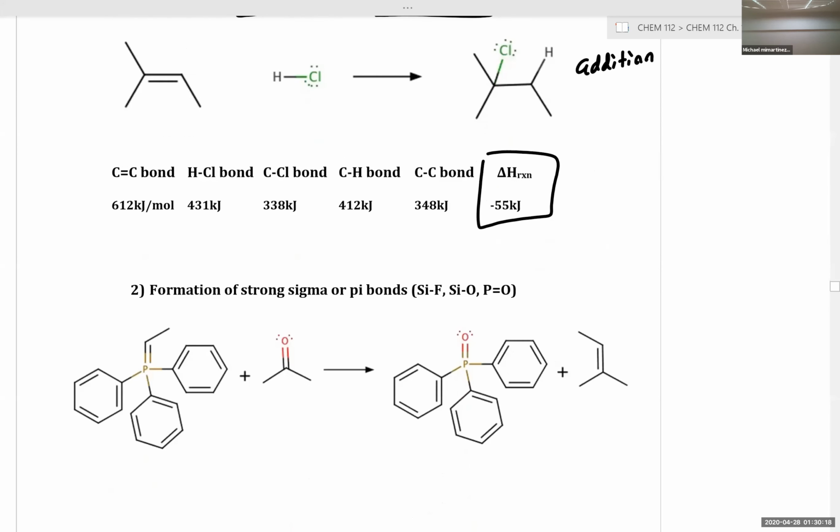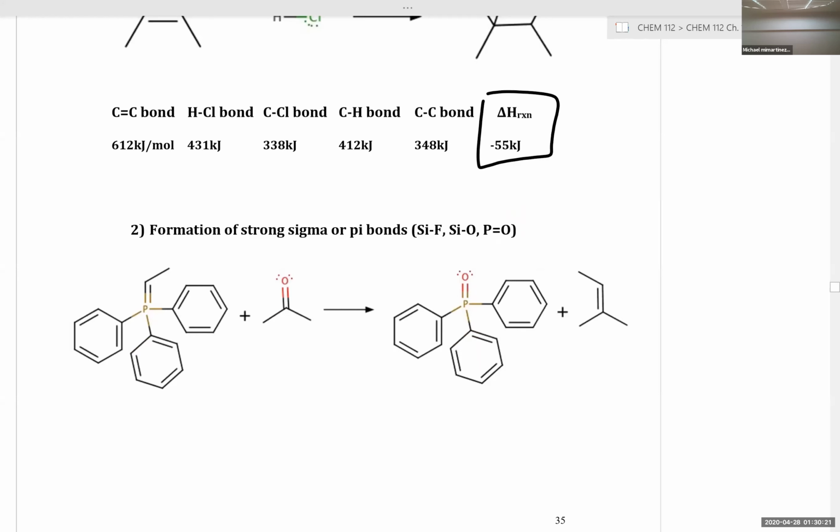The other feature that makes reactions favored by enthalpy, and you'll see this a lot, is the formation of a strong sigma or pi bond, such as silicon fluoride, silicon oxygen, or phosphorus oxygen. I like to call these, quote unquote, thermodynamic sinks.